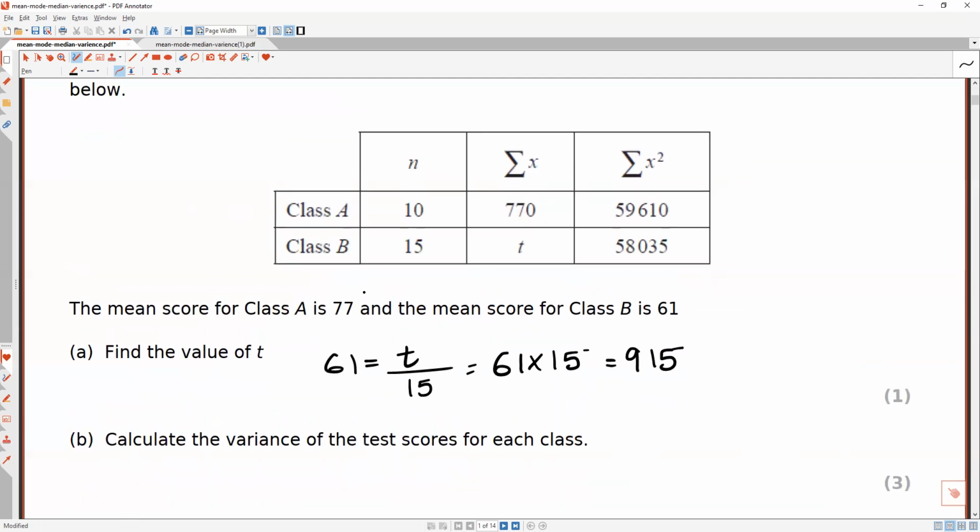So you guys know the formula? What was the formula?